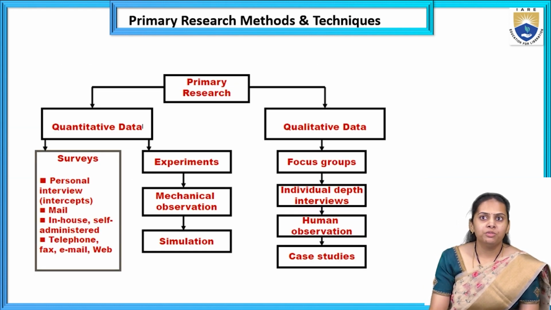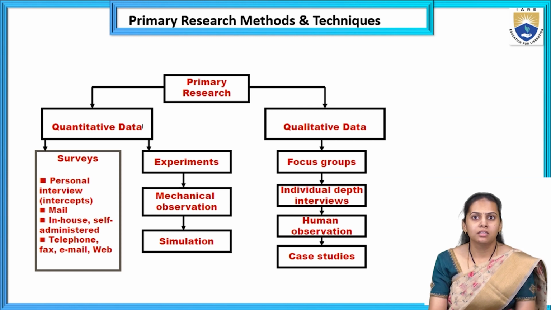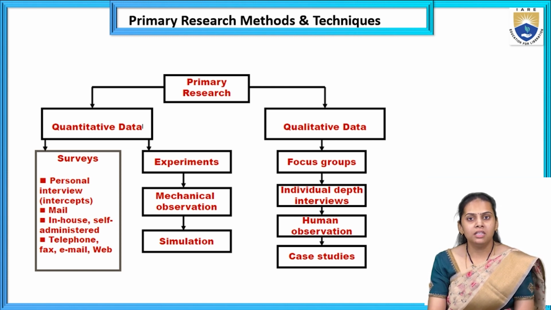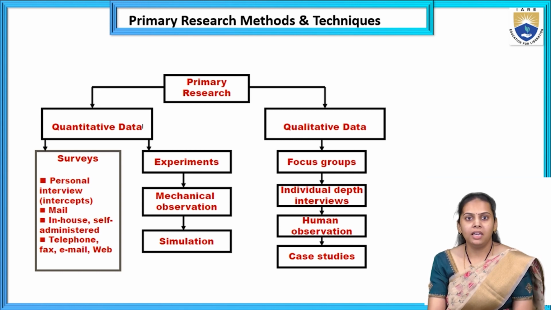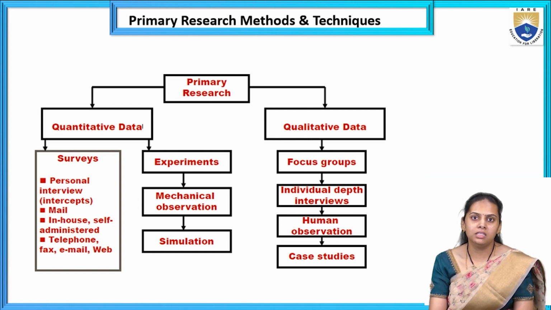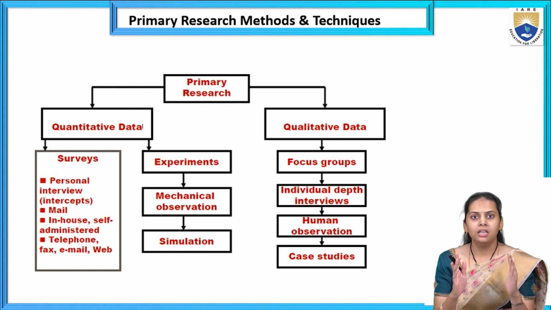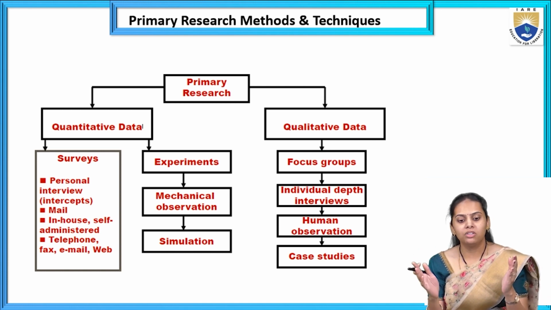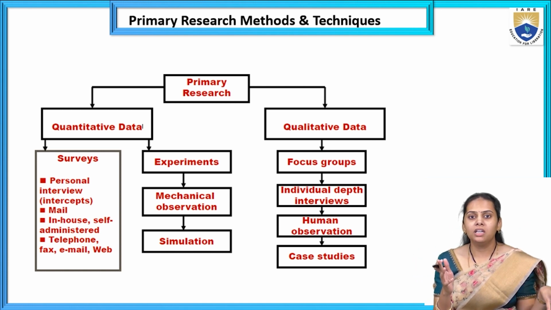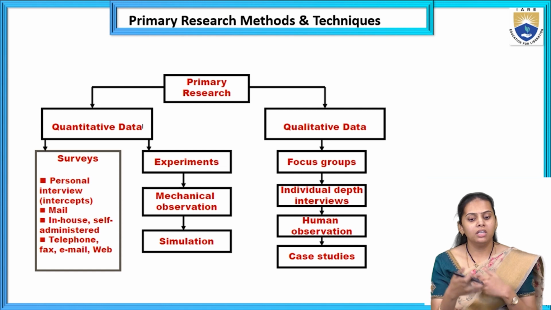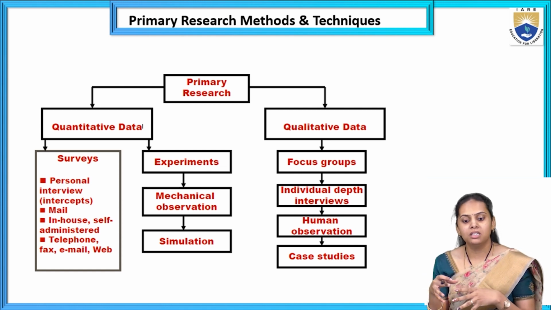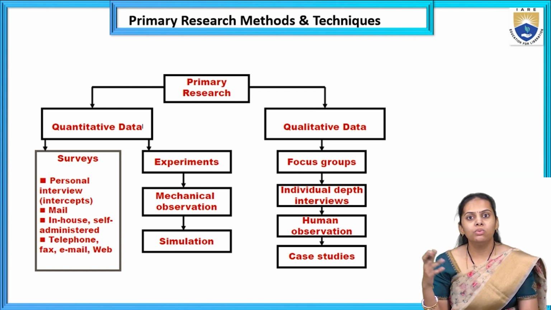And primary research methods and techniques. Primary research involves quantitative data and qualitative data. In this research also we segregate in a quantitative manner as well as a qualitative manner. Quantitative data always comes with surveys, interviews, self-questioning, or in-house or administered telephone, email, or web methods.